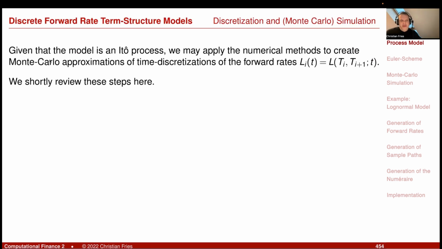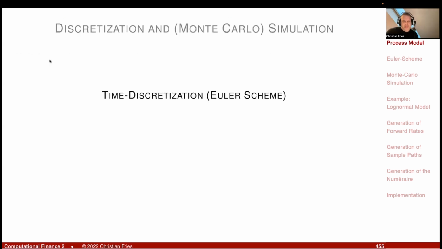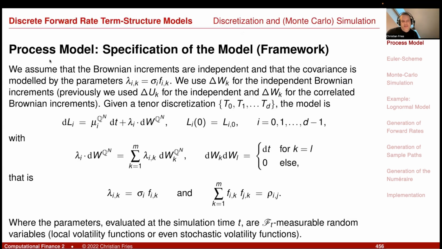Given that the model is an Ito process, we can apply the numerical methods to create Monte Carlo approximation of time discretizations of the forward rates. So first, the time discretization of the stochastic process, so discretizing the simulation time, the Euler scheme.